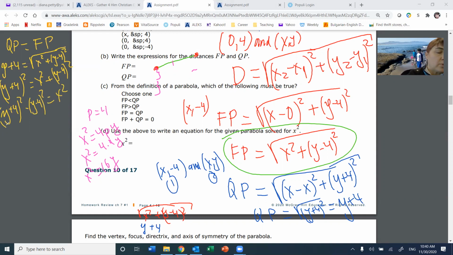So now we need to do the whole thing. y squared plus 8y plus 16 minus y squared, see y squared falls away, plus 8y because of the sign, minus 16. So the 16 would cancel and the y squared would cancel, so you're going to be left with 8y plus 8y, which is 16y, equals x squared. So this was another way to do it.